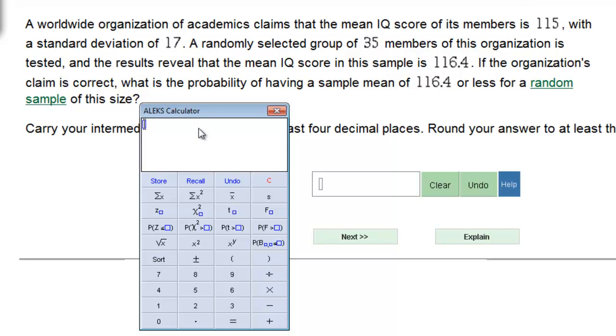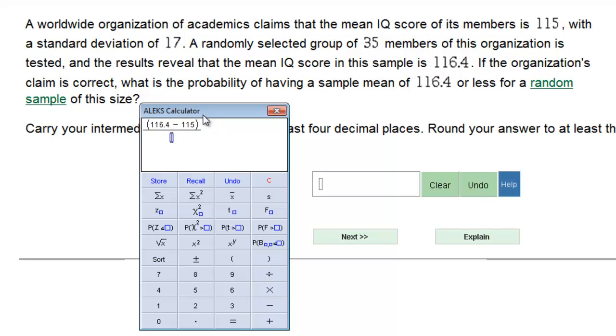And first, again, we have to find the z-score. So we start with the x-bar, which we're testing here, which is 116.4. We're going to subtract from that 115 to get the difference between that value and the mean.